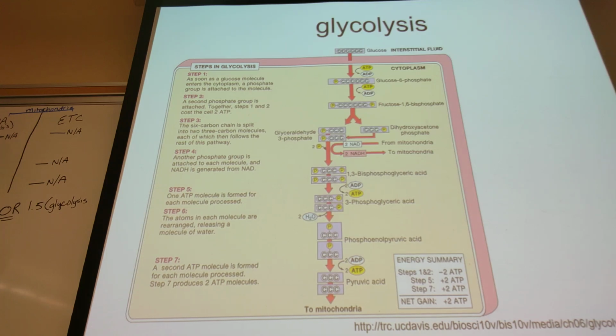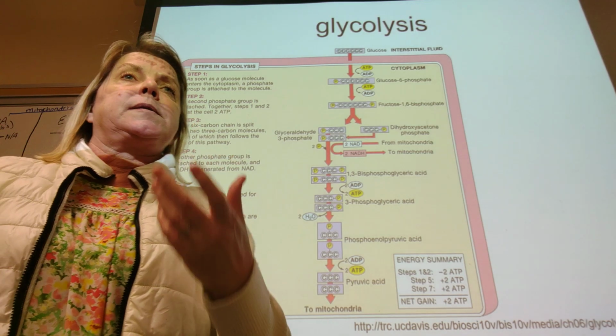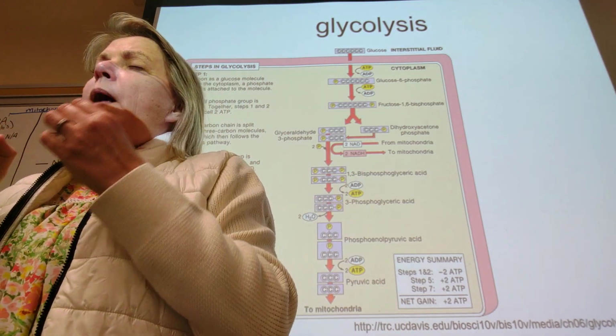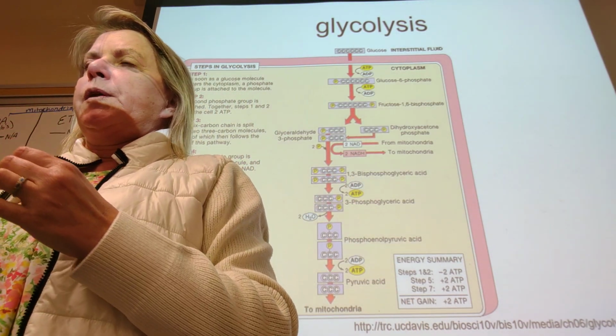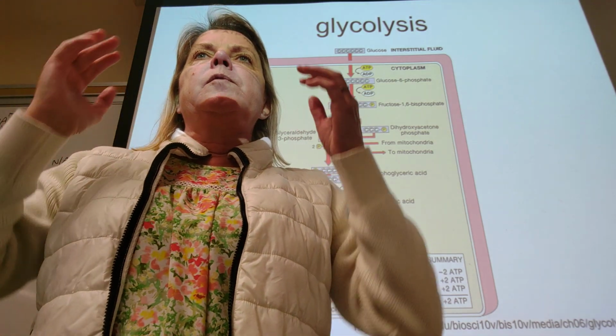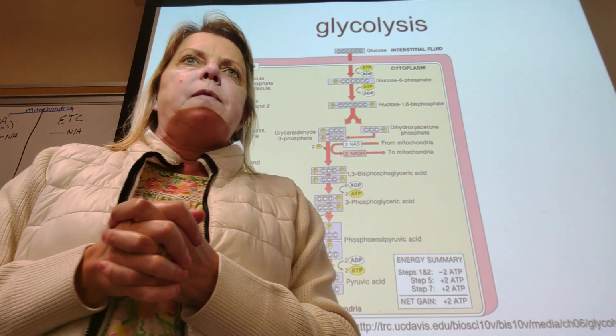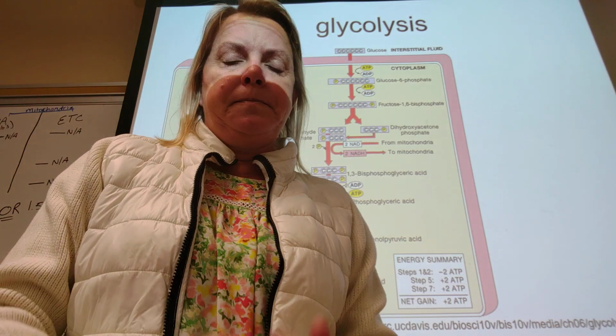It happens in the mitochondria. Anything that happens in the mitochondria, we need oxygen to be present. The tricarboxylic acid cycle does not directly use oxygen, but in order for the pyruvate to funnel to the mitochondrion, we have to have oxygen available.